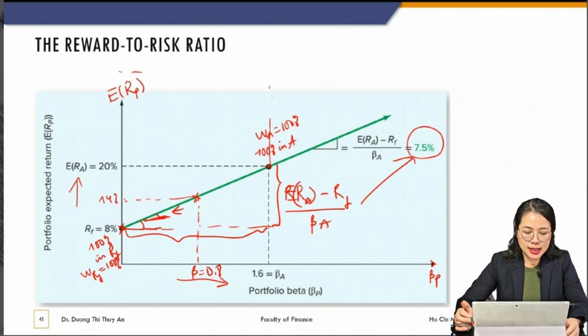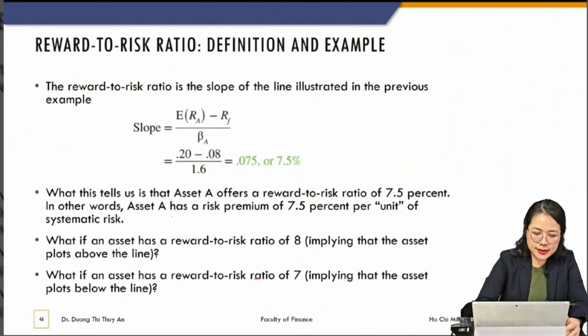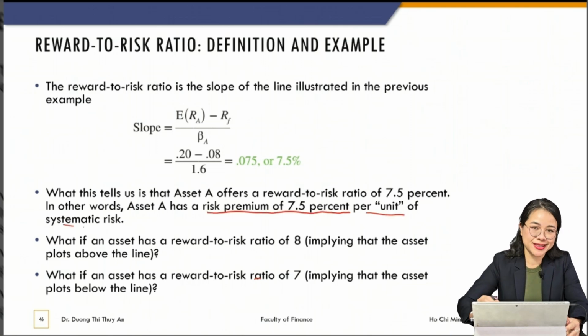What does that mean? 7.5% means asset A has a risk premium of 7.5% per unit of systematic risk.